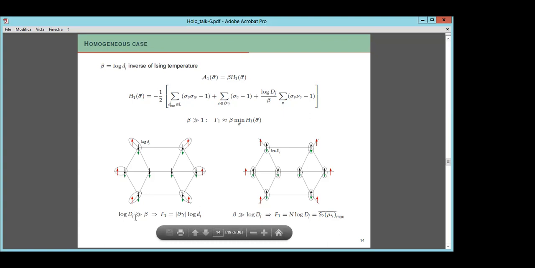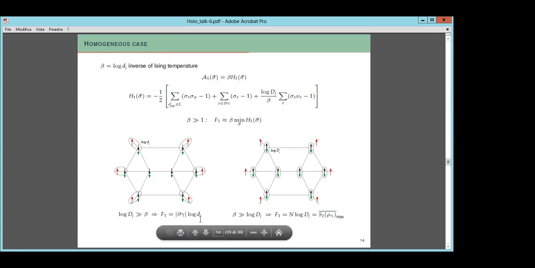One in which the strength of interaction for the intertwiner degrees of freedom is much stronger than that for the links. In this case, the pinning fields are dominant, and so the Ising spins get aligned to them and point down, and the only contribution to the entropy comes from the misalignment between Ising spins and boundary spins.